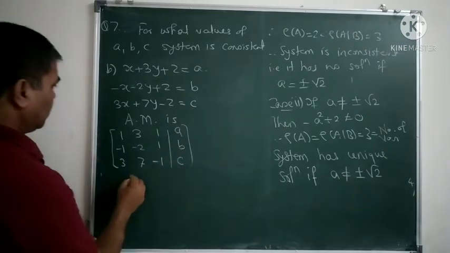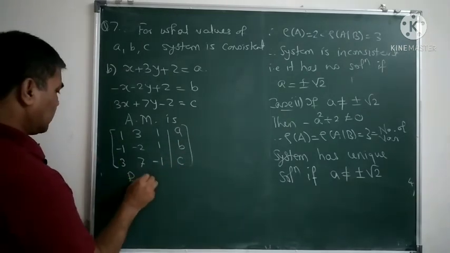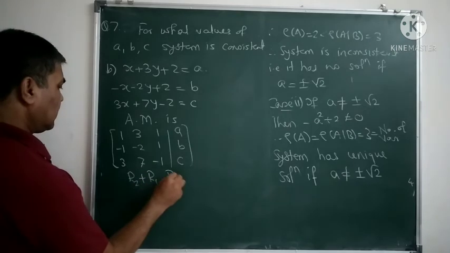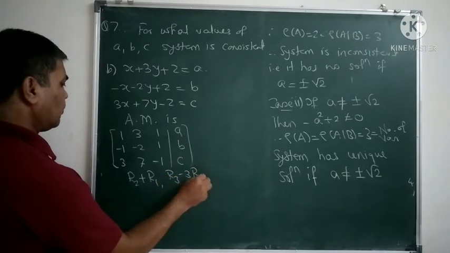Now let us reduce it to echelon form: R2 plus R1, R3 minus 3R1.